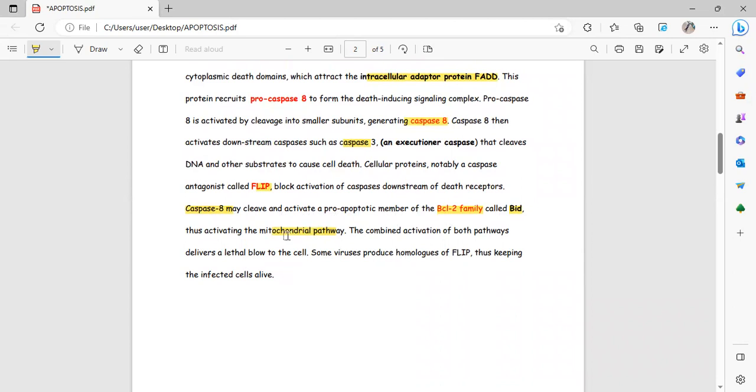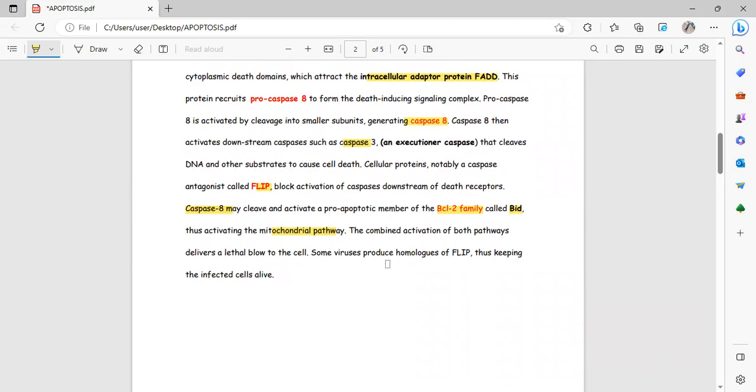And this intrinsic pathway involves things like cytochrome C, which we'll talk about in a few minutes, okay? So just know that this caspase 8, number one, can bring about apoptosis by activating downstream caspases like caspase 3, which will cleave the DNA and other substances to cause cell death. But alternatively, it can kill the cell via activating the mitochondrial pathway. So it's a dual thing, okay?